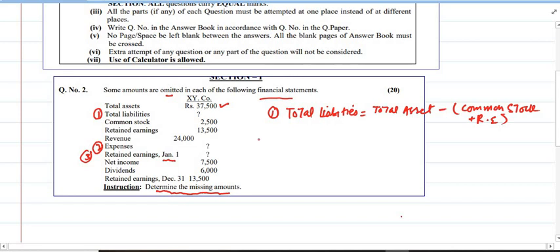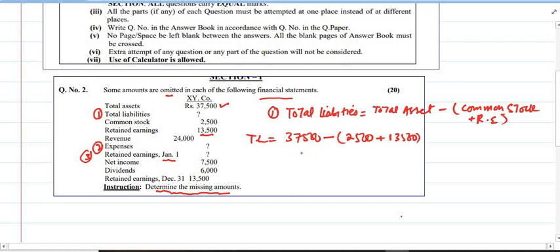Now you see from here, total asset is given as 37,500, and then we have to deduct the common stock, which is 2,500, plus we have to add the retained earning, which is given as 13,500.